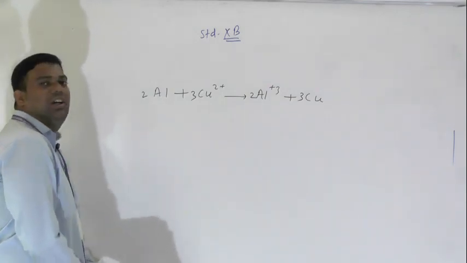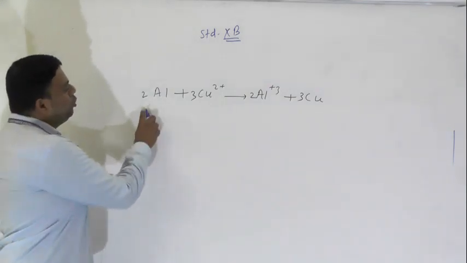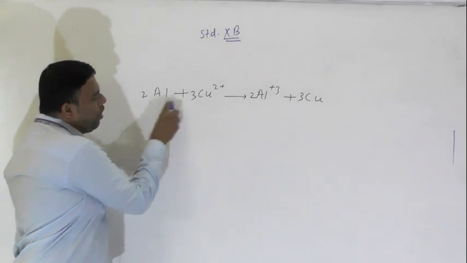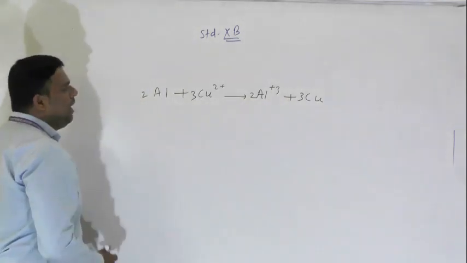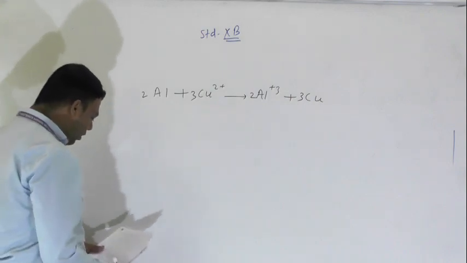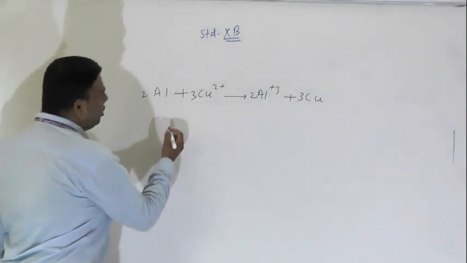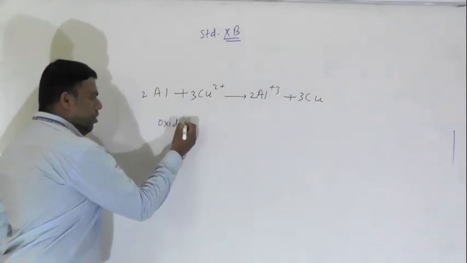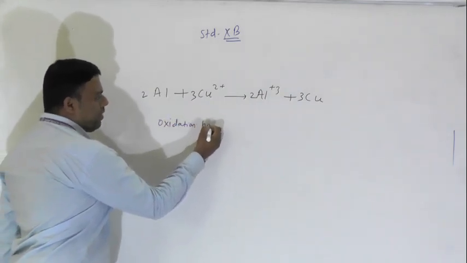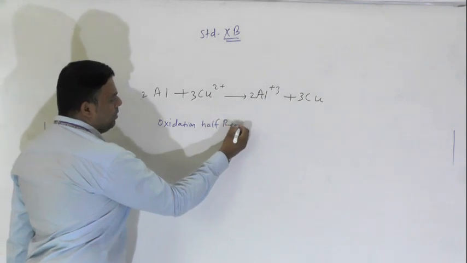So see how that stoichiometric coefficient comes, how those whole numbers will come. That we will see here. Now see here, the oxidation half reaction.